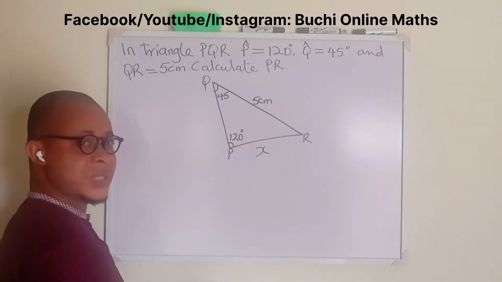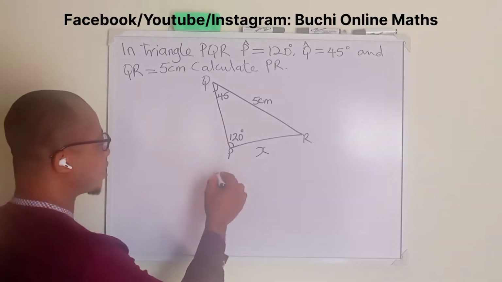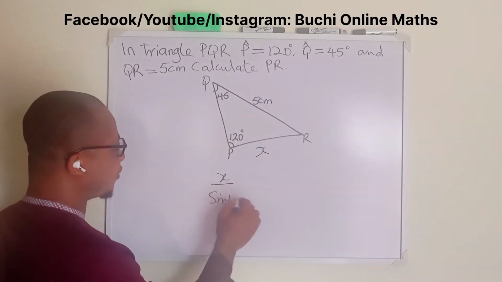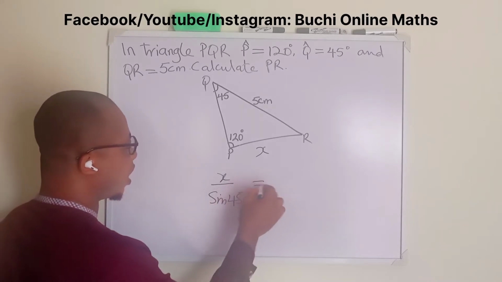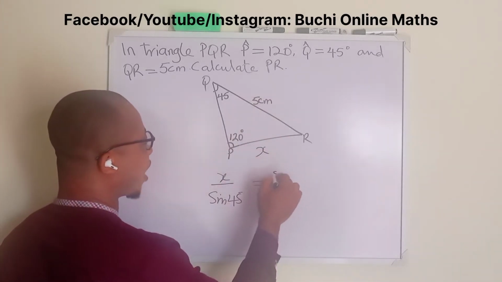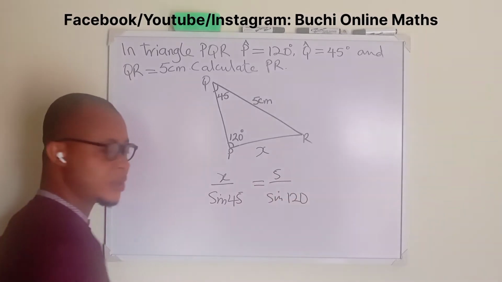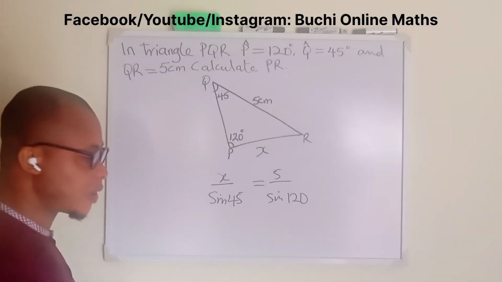I can comfortably say that X over sine 45 equals 5 over sine 120. That is the sine rule, right?